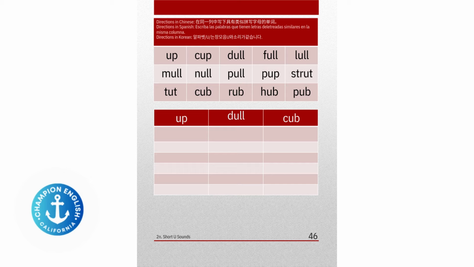Up, dull, cub. So if the word ends with UP, you can put it in the UP column. Or if it ends with UL, put it in the second column with the UL. Or if it ends with UB, you can put it in the third column with the UB words.